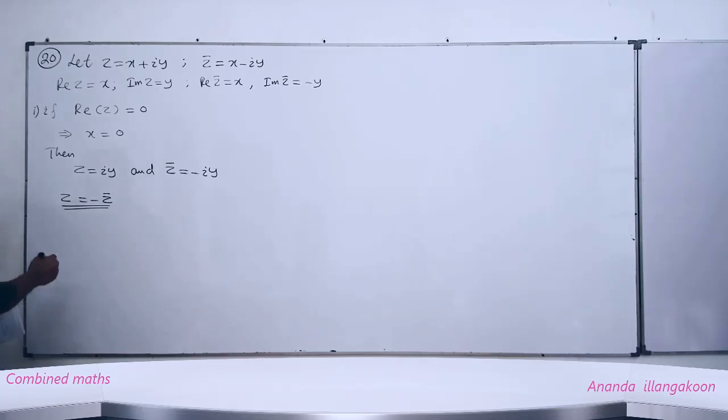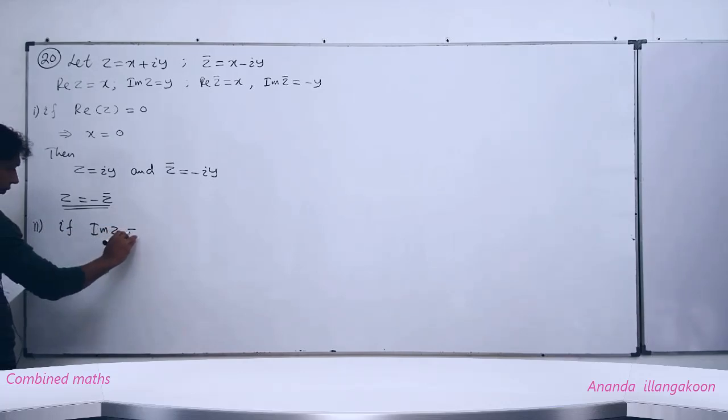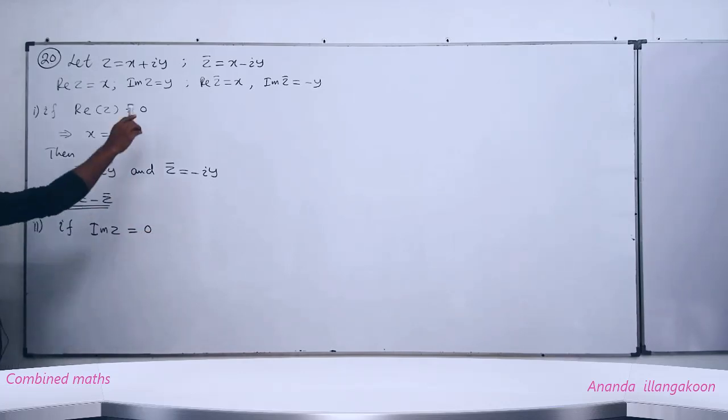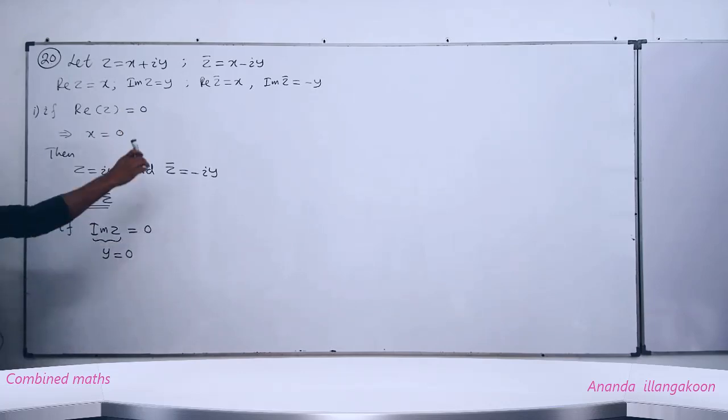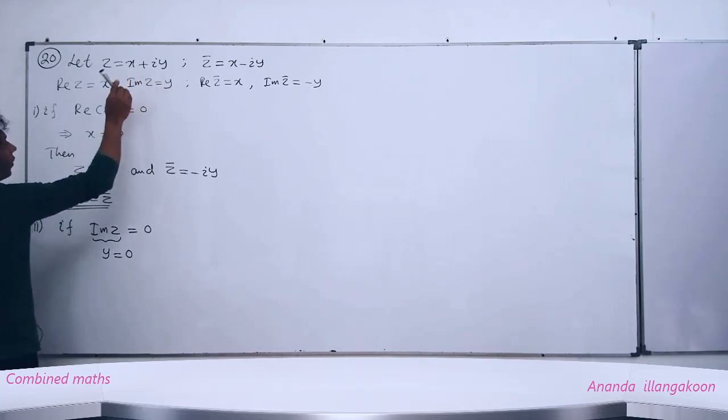Secondly, people, if imaginary part of Z is 0, if Im Z is 0, imaginary part of Z means y. This is y. y equals 0. If y equals 0, what can we say? Z becomes x.